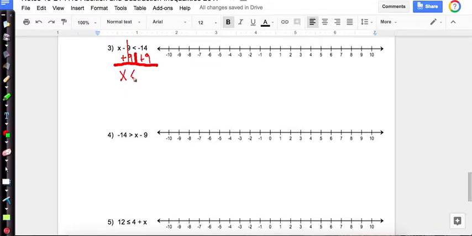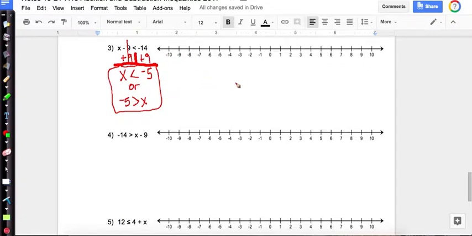So x is less than -14 plus 9 is -5. So x is less than -5. Or we can also write -5 is greater than x. Those are 2 ways to write the same thing.